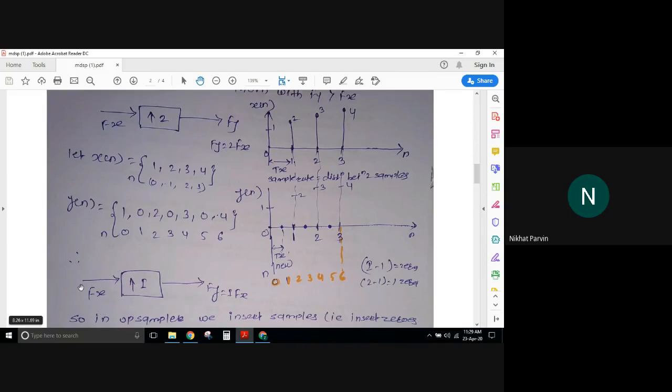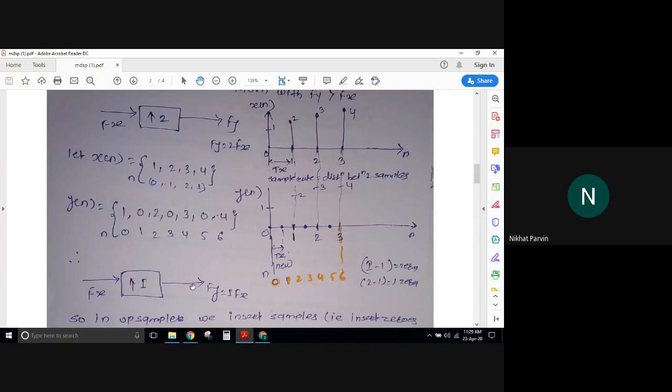So the standard representation of upsampling is this: x of n, a discrete time input which is sampled at the rate of fx, which is nothing but 1 by Tx, is given to the block marked I, which stands for interpolation. I will not talk about interpolation now; simply, this is the interpolator. So this is the representation of upsampling.